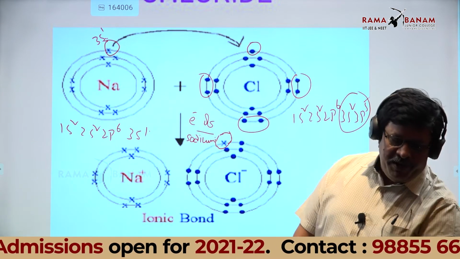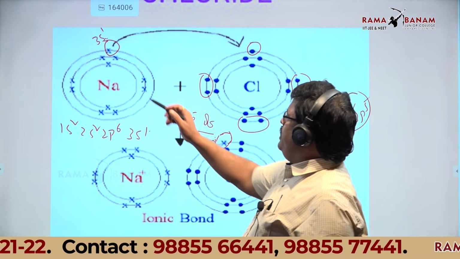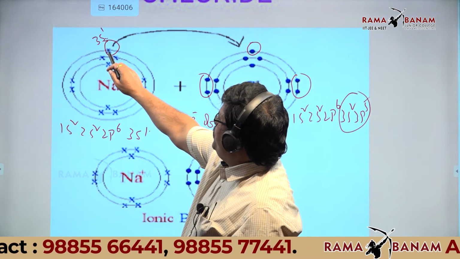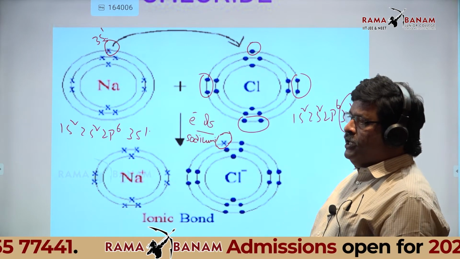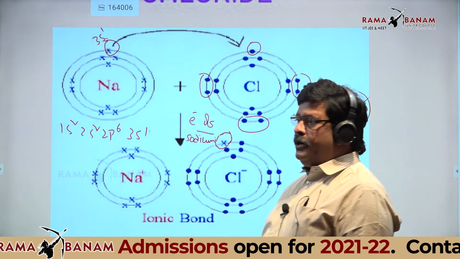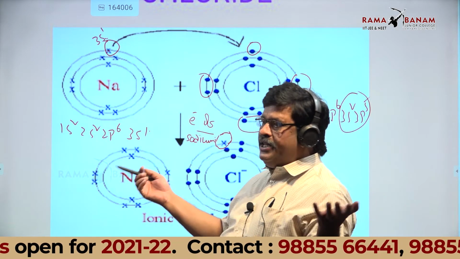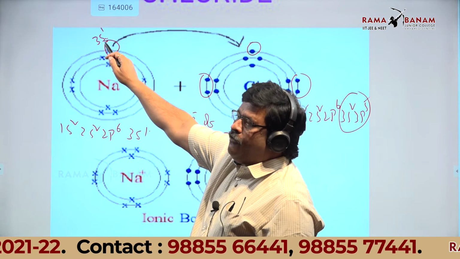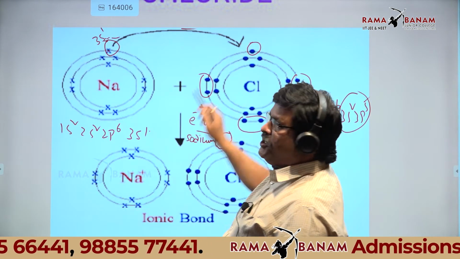See, one more time listen to me, students, on this slide. After that we'll go to covalent bond formation. There is 1 electron in the outermost shell of sodium. There are 7 electrons in the outermost shell of chlorine. So sodium loses an electron to attain octet and chlorine gains an electron. There is a transfer of electron from the valency shell of sodium to the valency shell of chlorine.